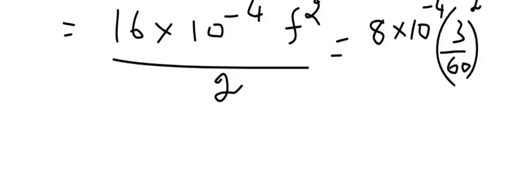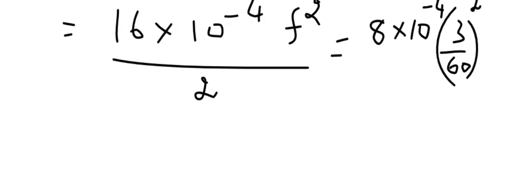That is why we have taken it as (3/60) the whole square. 3f squared, so f is 3 by 60, so f squared will be (3/60) the whole square by 36 into 10 to the power of... oh sorry children, divided by 2, this is 2, so this is now going to be 8. On simplifying this you get 8 into 10 to the power of minus 4.